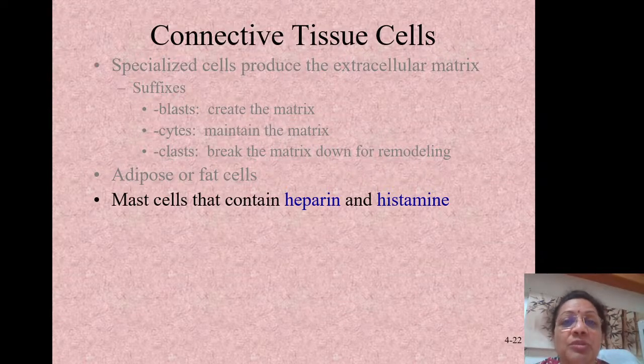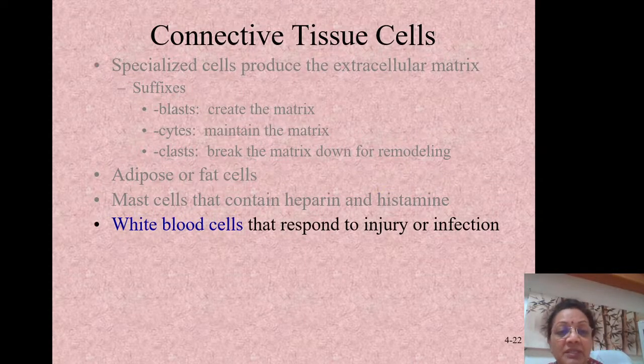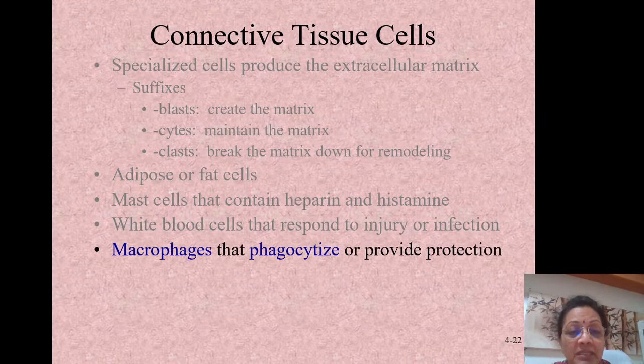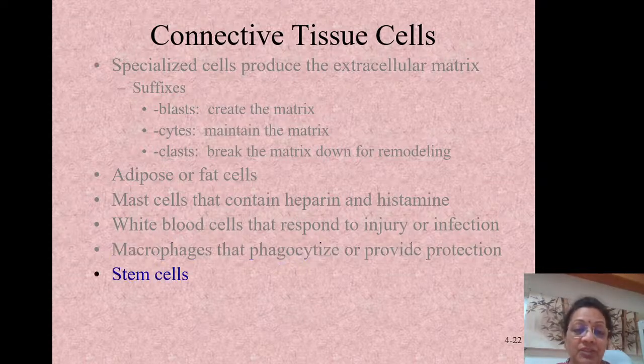Mast cells, which also belong to the WBC series or the immune system series, which produce and secrete heparin and histamine. White blood cells, we already said, lymphocytes and granulocytes, also monocytes and basophils. Macrophages are one type of white blood cells which are larger and which have the capacity to phagocytose and kill and digest foreign cells or foreign proteins, therefore they provide protection.